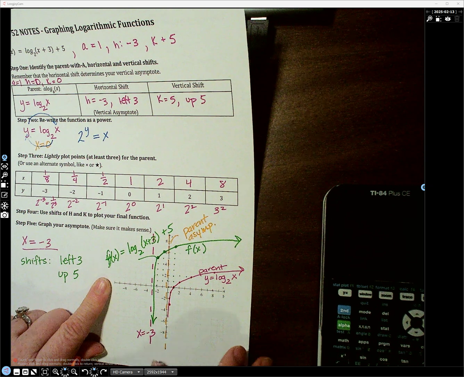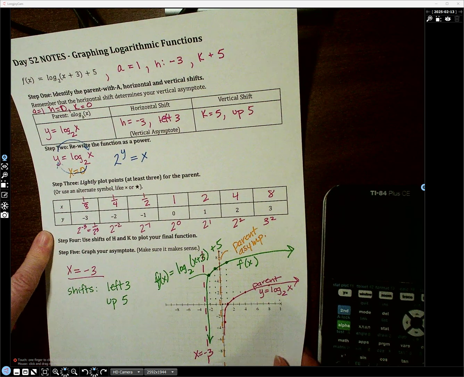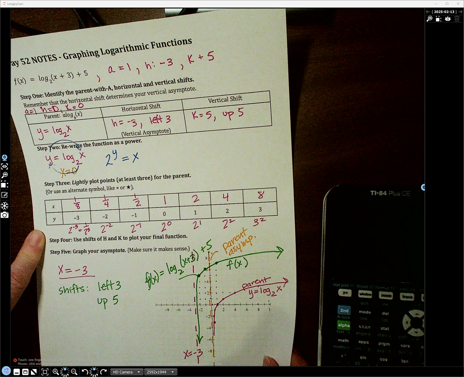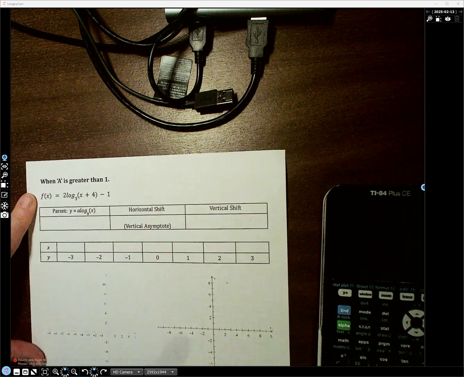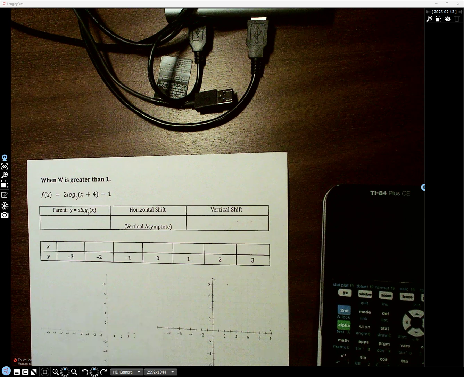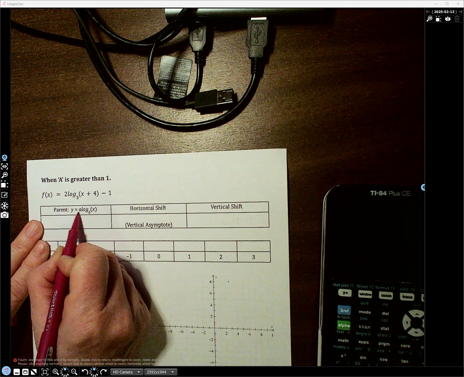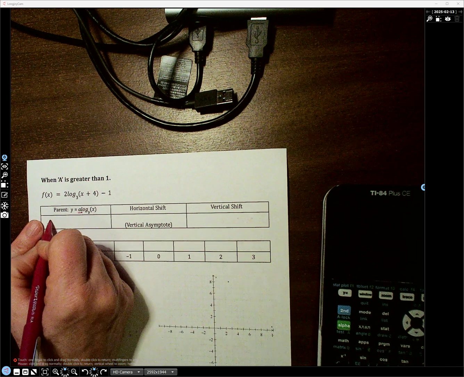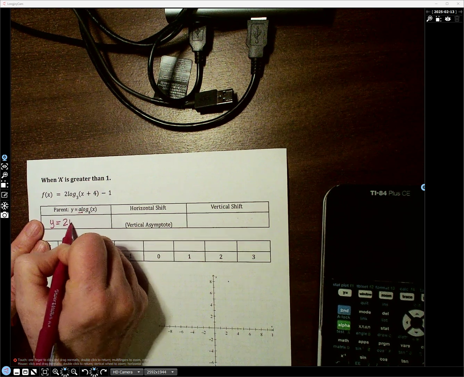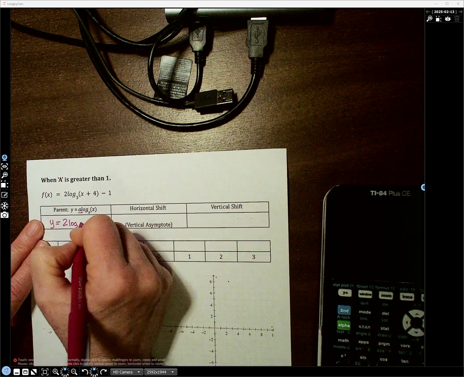Now, if you guys want to pause the video, you can, and just finish that up. Let's flip it over. And now what do we do when a is greater than 1? We're going to start the same process. The parent along with a. So the parent with a is y equals 2 log base 3 of x.